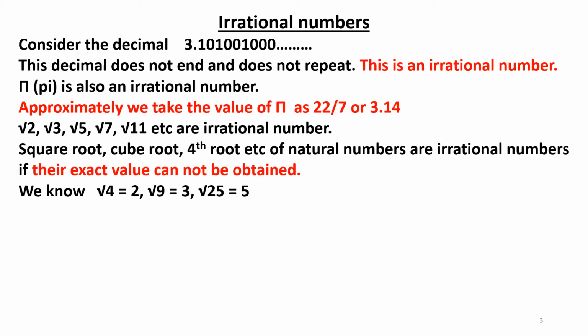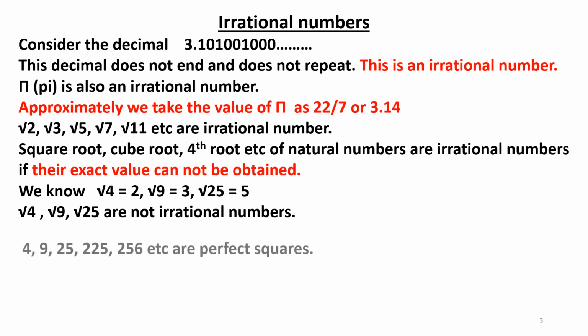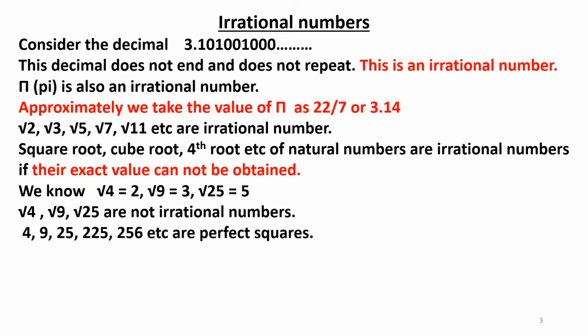See these numbers, root 4, we know the value 2, root 9, 3, root 25, 5, like this. So root 4, root 9, root 25 are not irrational numbers. So many numbers are like this. Why?